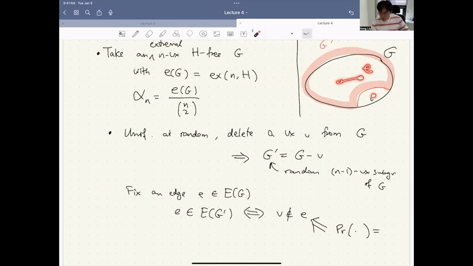So each endpoint is V with probability 1 over n, so the probability that V is in E is exactly 2 over n.